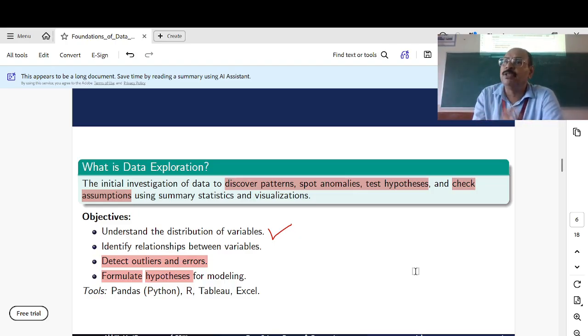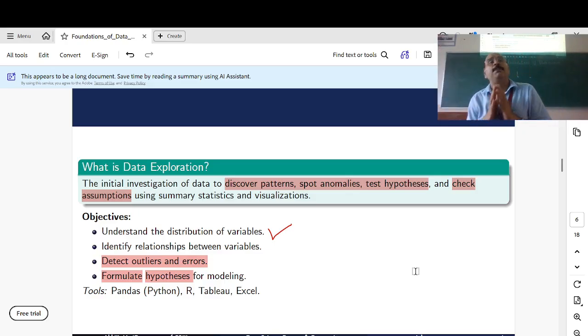A hypothesis is a statement that is going to assert something, that this value is going to be like this. Whenever you read, you might see that in newspapers and in articles and so many other places, 60% of the people visiting this place are of this kind, or so many tourists are visiting here.